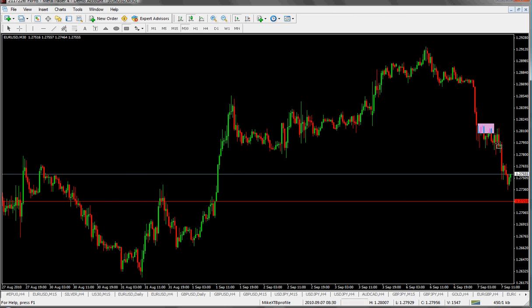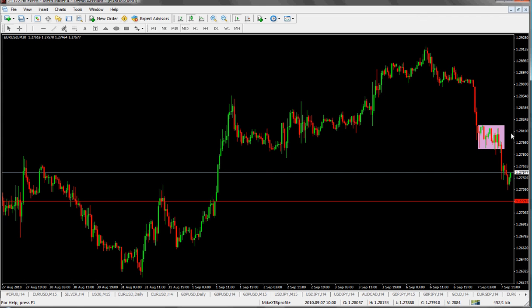A flag is a rectangle with a different kind of angle. So it is like a rectangle a little bit on the side. So we see this continuation here, and other sellers coming in. We see acceleration. After this accelerating point, we got another one.